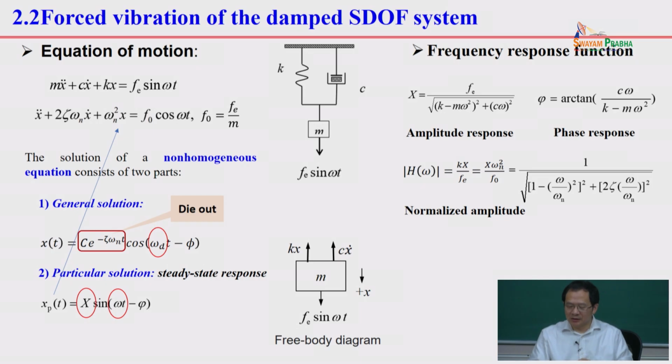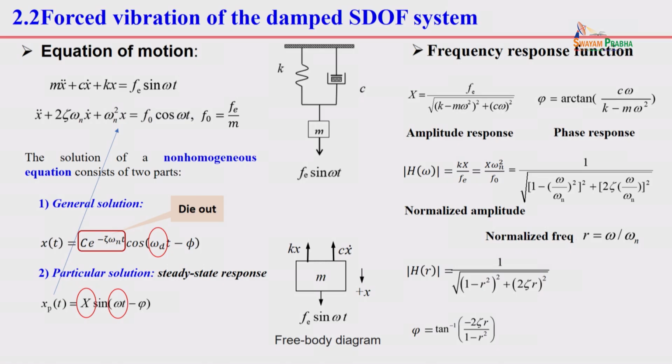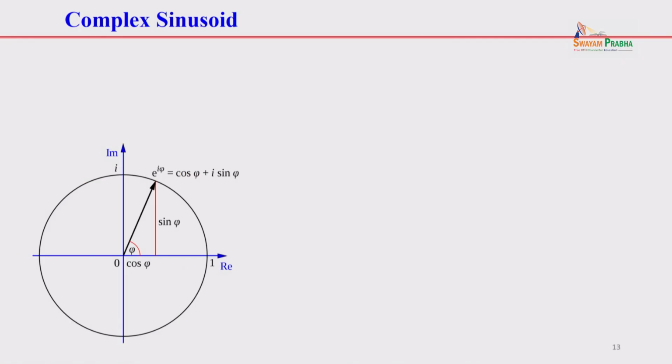That is the normalized amplitude, this amplitude over k over m, right? If you normalize with the natural frequency and damping ratio, you can write it this way. These two will be the same, the normalized amplitude and phase.